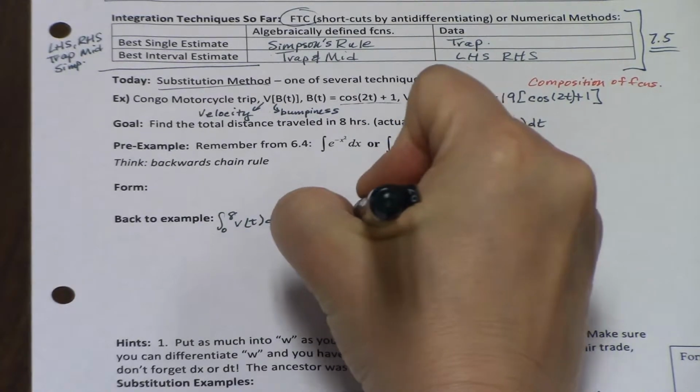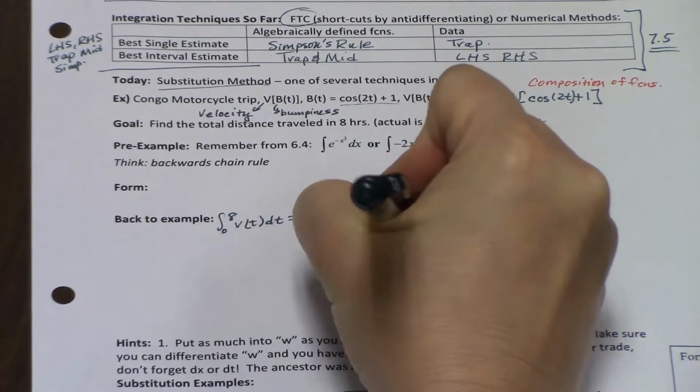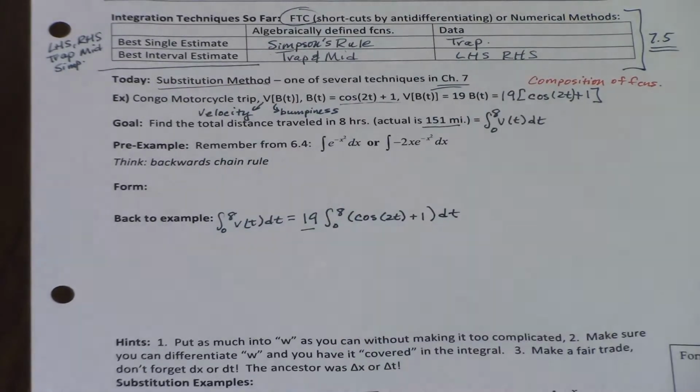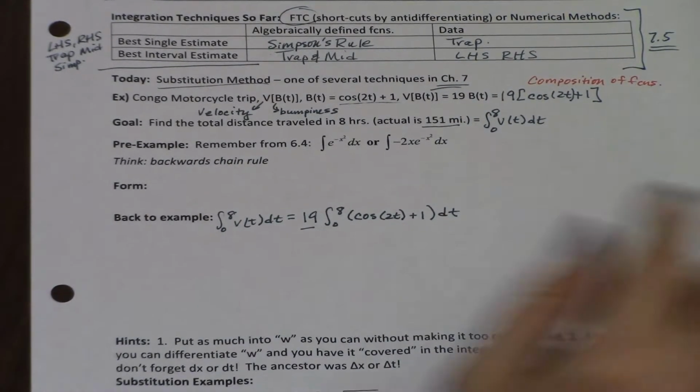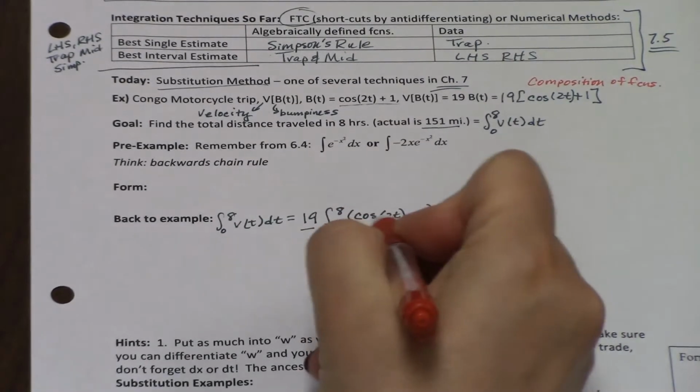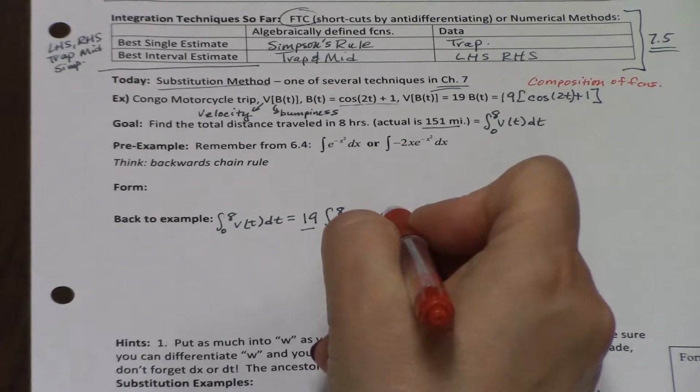So anytime you have a constant times the whole function, do factor that out. So then I have this as my integral, which looks pretty good. If this were just straight a cosine, I could go ahead and integrate that. Our problem is that this is a composition of functions, and so that's the topic for today.